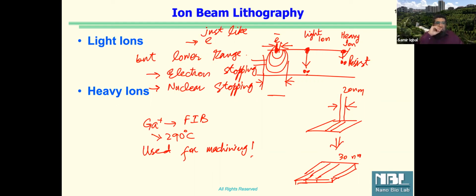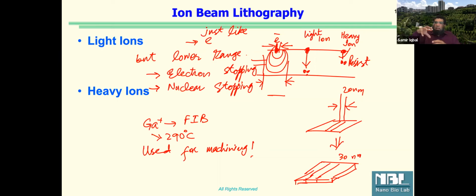So another thing we do with ion beams, and it's very common now, we use ion beams to machine at nanoscale. Machining, we make big things. When you do machining, you make, I don't know, a rotor or whatever you want in bigger things.